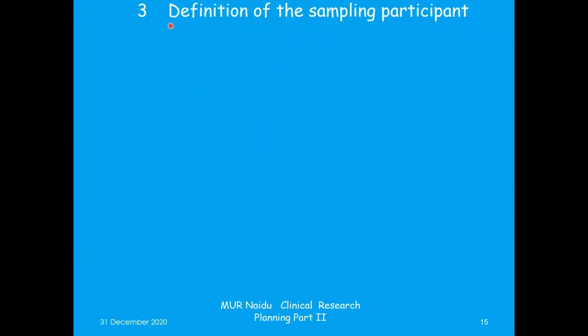As the selection of the sample participants is very important in any clinical trial, here I am providing one example for a particular study of how one can look at inclusion and exclusion criteria.